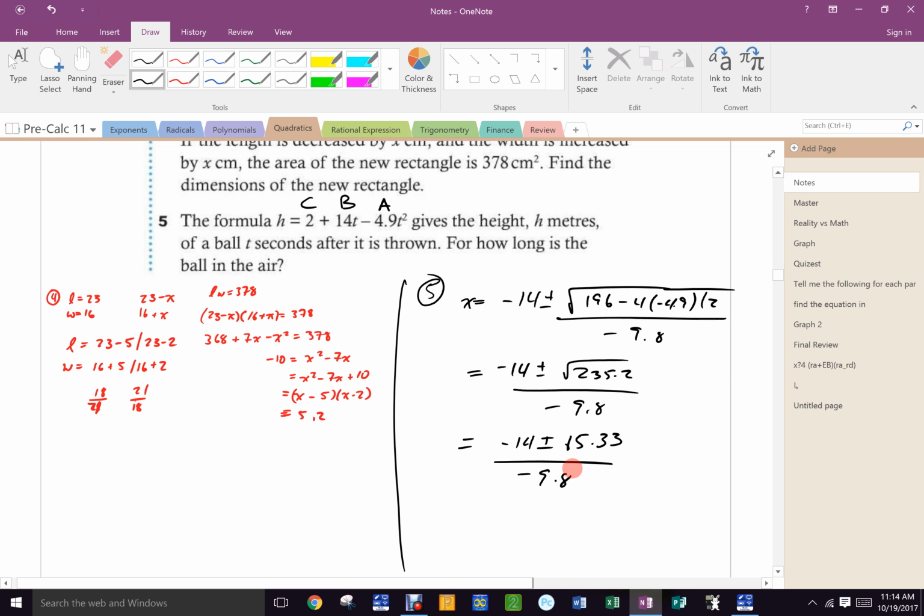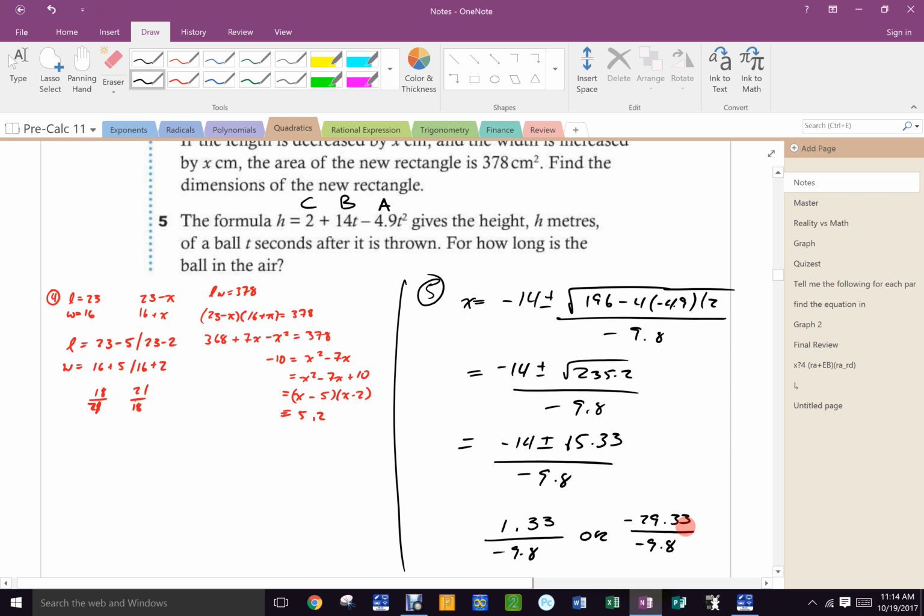Everybody with me? People that are following along? So that means this is either 1.33 over negative 9.8, or negative 29.33 over negative 9.8.